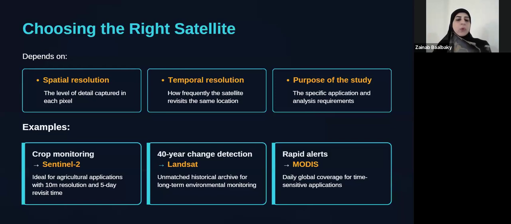For example, if we want to study rapid crop monitoring, Sentinel is suitable. If we want to study 40 years of historical records, Landsat is the best option. And for daily flood alerts, MODIS is the preferred one. So each satellite serves a specific purpose.